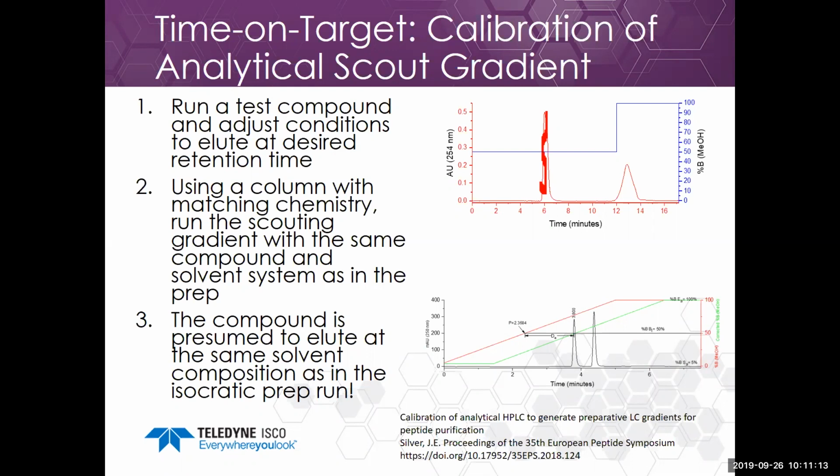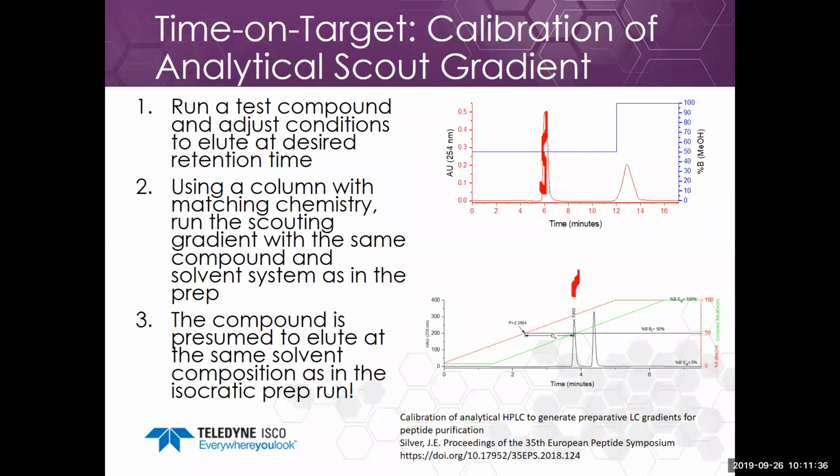The next step is using an analytical column with a matching chemistry. You run the scouting gradient that you're going to use with the same compound and the solvent system as the prep system, and that's shown in the bottom image over here. From that, we can see that the compound elutes at a certain time, as shown over here.